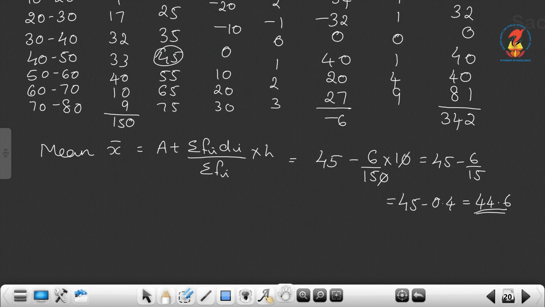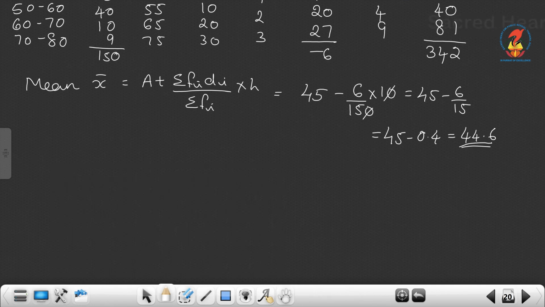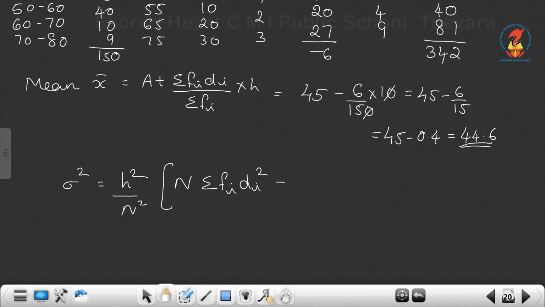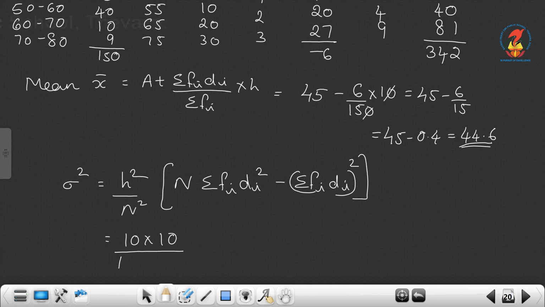Okay. So variance, sigma square, the formula is h square by n square into n into sigma fi di square minus sigma fi di the whole square. So what is h? We divide by 10. So 10 into 10 by total frequency 150 square, into n times fi di square, that is the last column, 342, minus 6 square, that is 36.